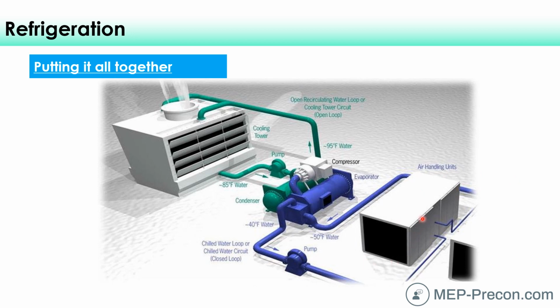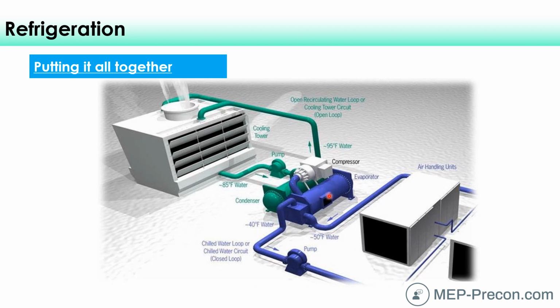All right, so those BTUs go into this water and it comes back now a little bit warmer, because those BTUs have increased the temperature of that water from 40 degrees, now it's 50 degrees. So those BTUs go into this chiller barrel, this water-cooled condenser barrel, and water goes back and forth and it exchanges its heat with the cold refrigerant that's inside the tubes inside of this shell and tube heat exchanger.